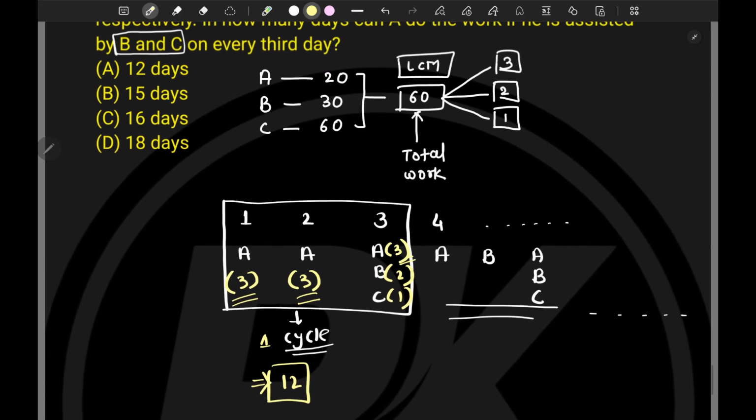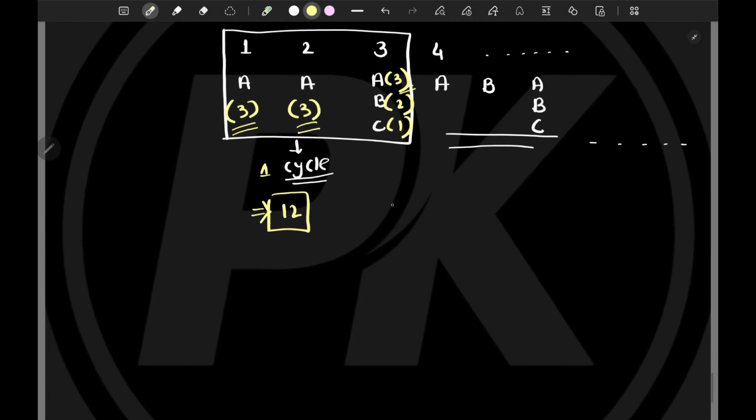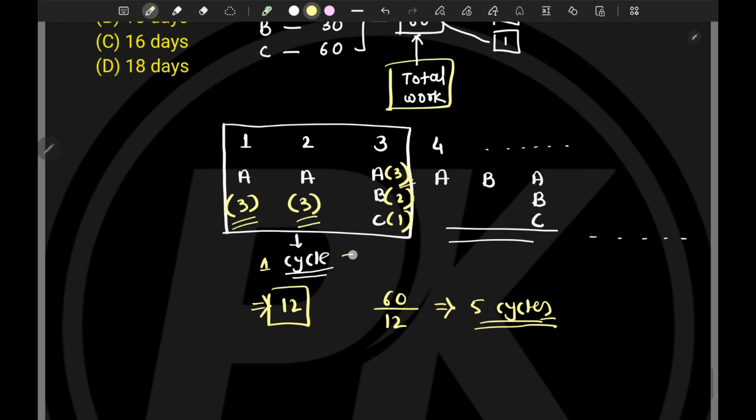Now how much is the total work? It is 60, right? So in one cycle 12 is completed, so 60 portions of work will be completed in how many cycles? 5 cycles, since 12 times 5 is 60. And one cycle is equal to 3 days.